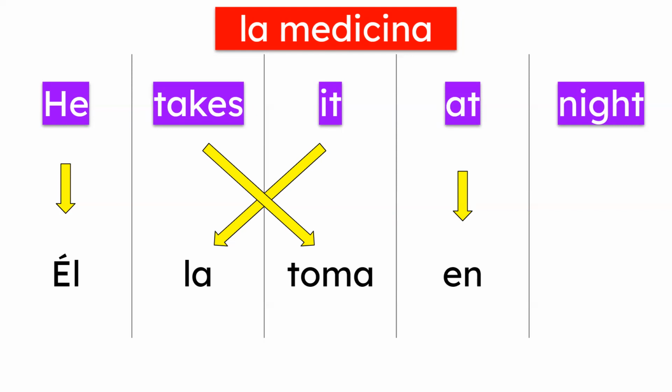And like English, when you say in the morning, in the afternoon, we keep using that article, the. In this case, night is noche, so we would say en la noche. We need to say la, like en la mañana, en la tarde, and en la noche. Él la toma en la noche. That's right. Okay, it's your turn to say this sentence out loud.